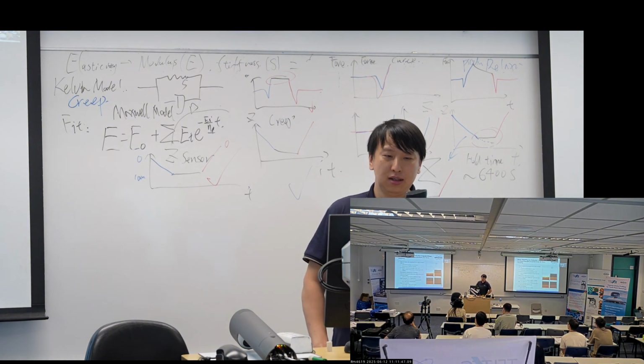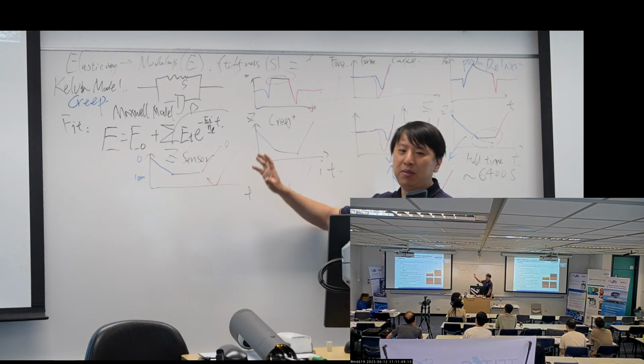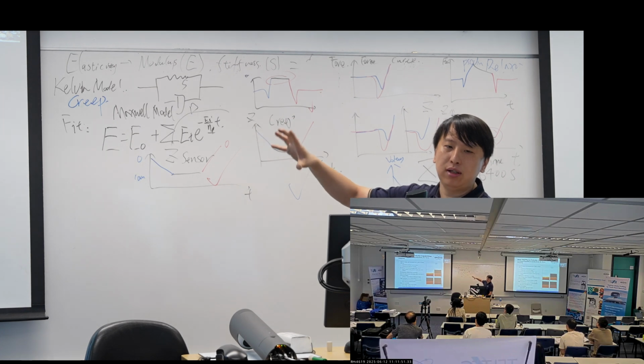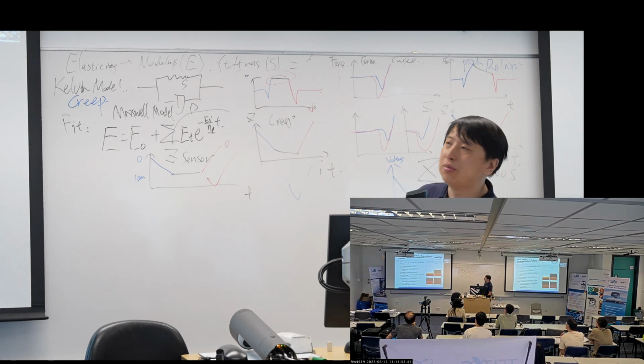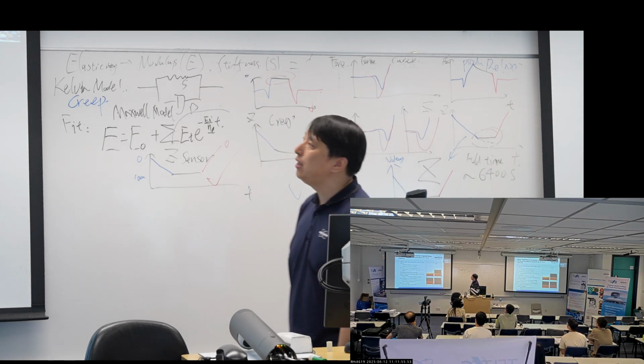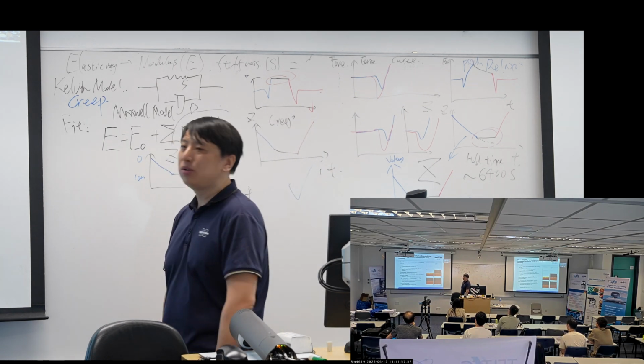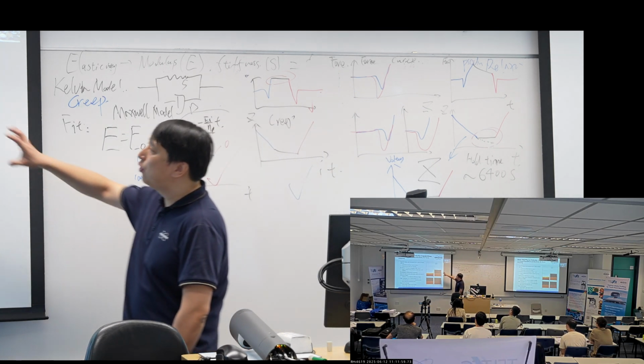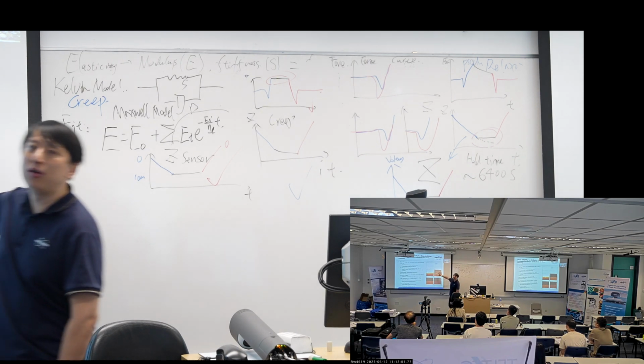Ramp and hold can be combined with Bruker's force volume. The force volume is actually similar to PeakForce QNM. They do force curves on each data point.